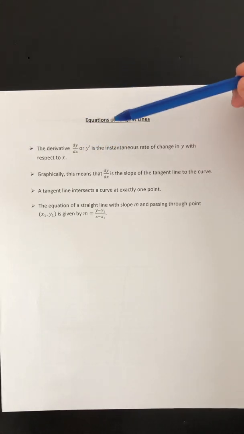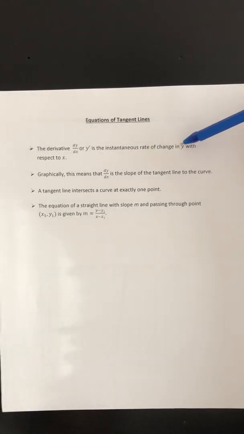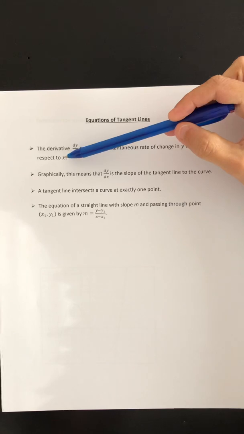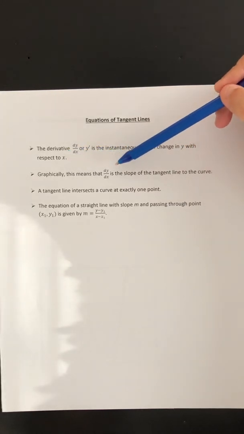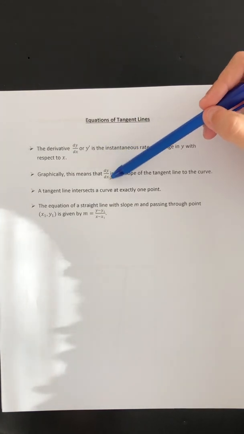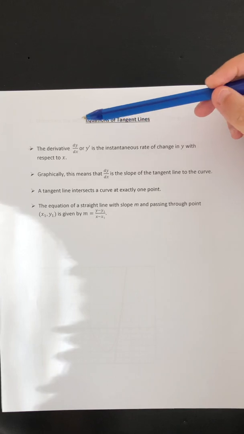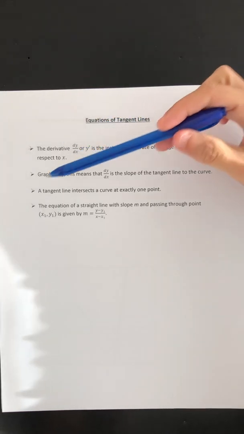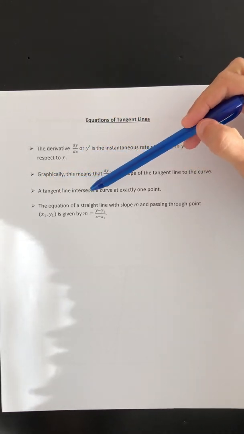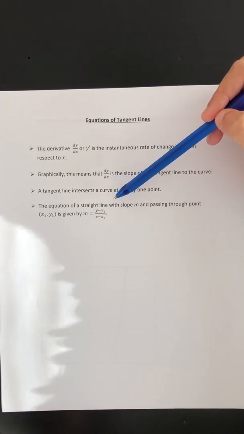So if we're talking about now the instantaneous rate of change in y with respect to x, this now means like an instantaneous slope, or in other words, dy by dx is the slope of the tangent line to the curve. Now, you may hopefully remember what a tangent line is. It is true that a tangent line intersects the curve at exactly one point. So we say one and only one point.